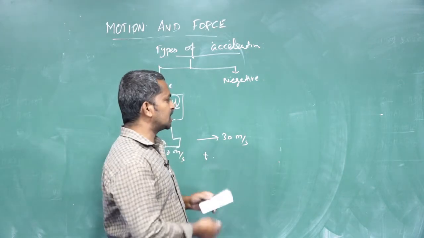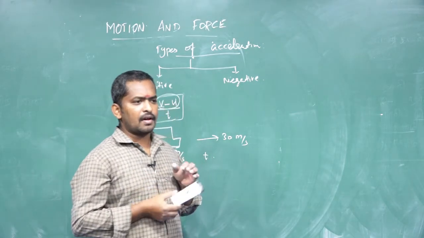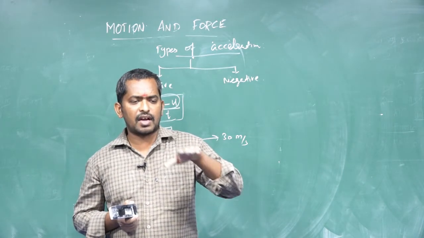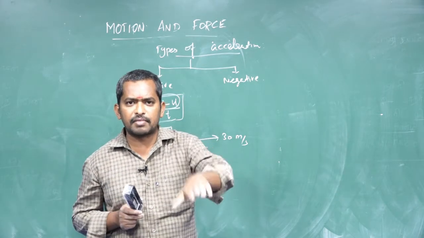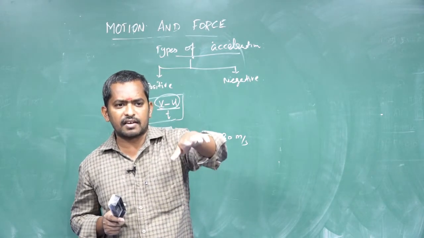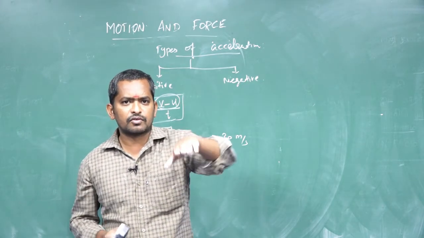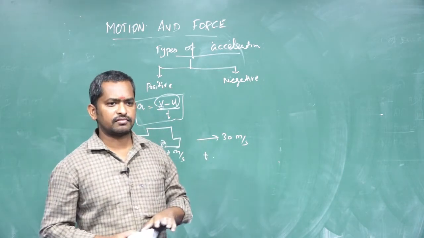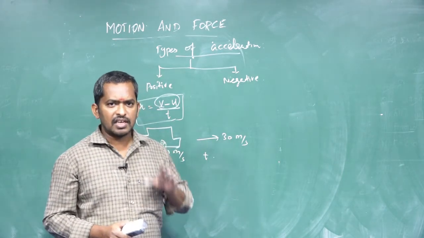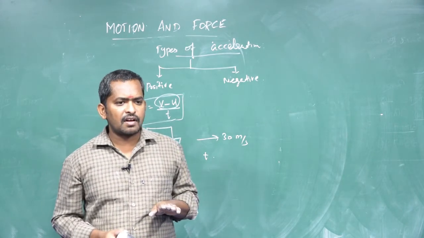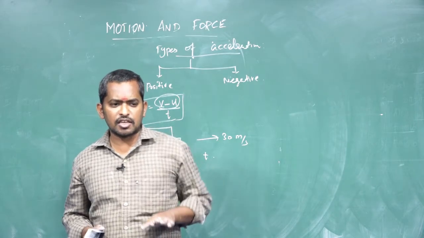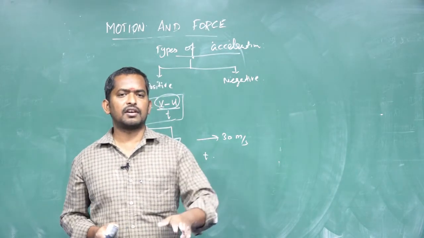Let me take one car moving at a speed of 50 meters per second. We are applying the brake. The car should attain rest after time t. So the change in velocity decreases. That is called retardation, which means negative acceleration. Initially the car moves slowly and after time t the velocity of the car increases, from first gear to second, third and fourth gear.